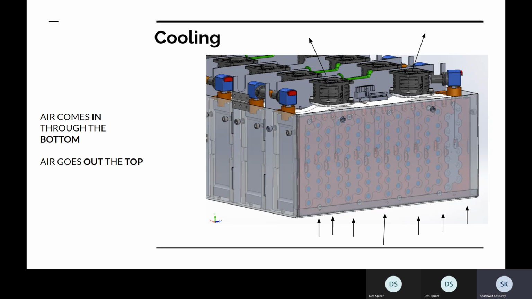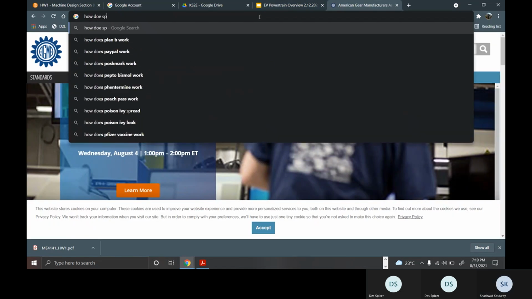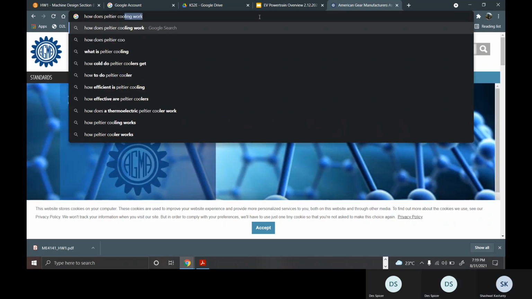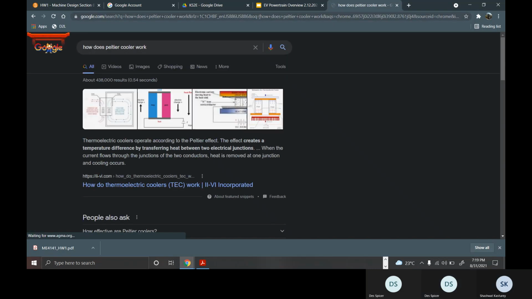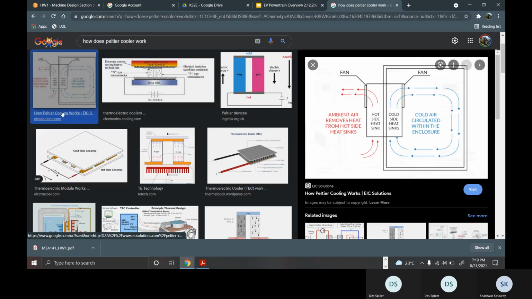It's not circulating refrigerant, it's not moving fluid to dissipate heat. It uses thermoelectric cooling.